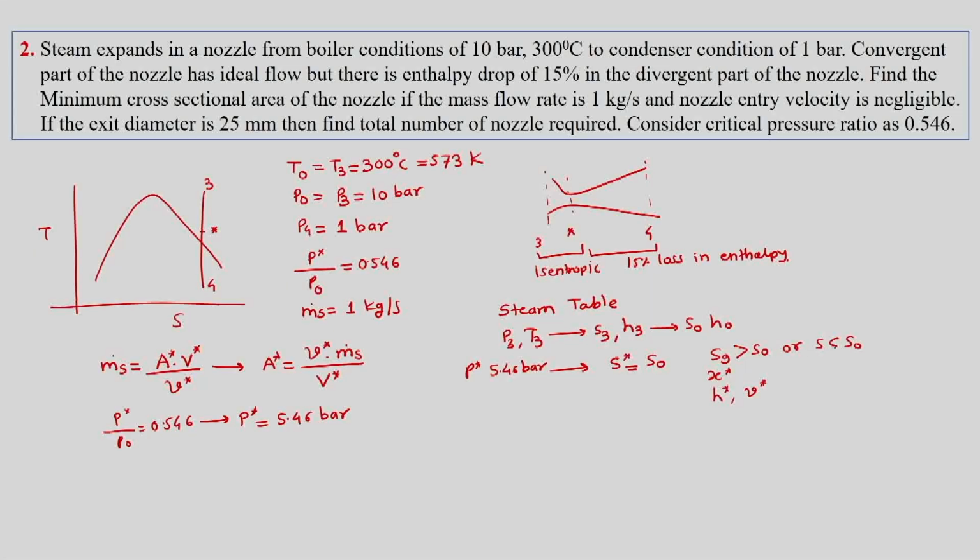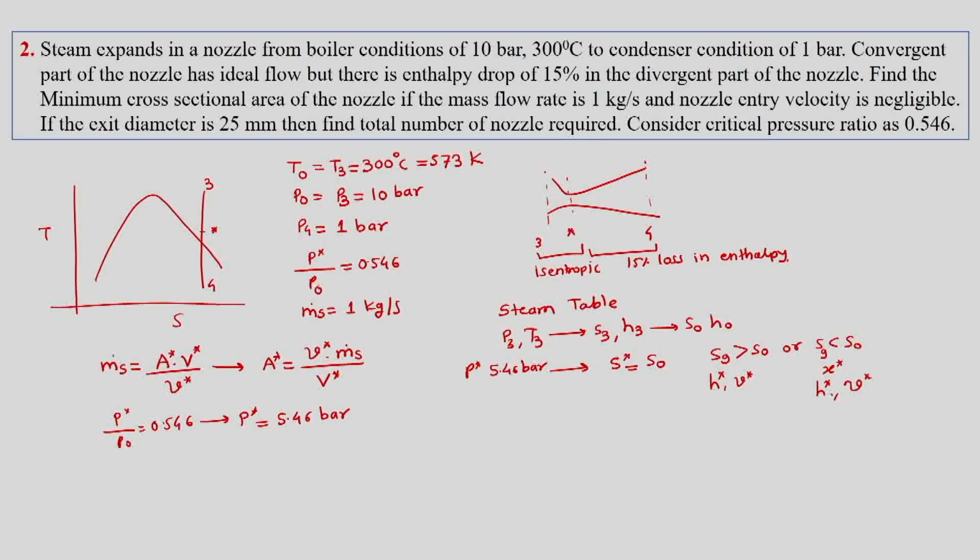Otherwise, if Sg is greater than S0, then we don't have to bother about X star; we will directly go to the superheated part of the steam table, and there we will find out H star and specific volume.